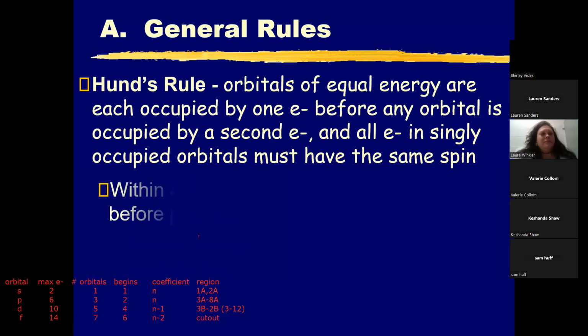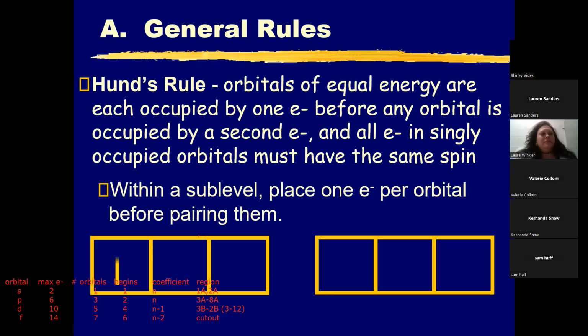So like this. If you were to follow Hund's rule, would the right diagram or the left diagram be correct? Nobody?